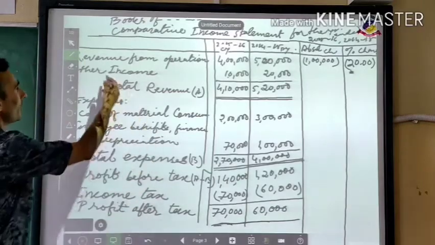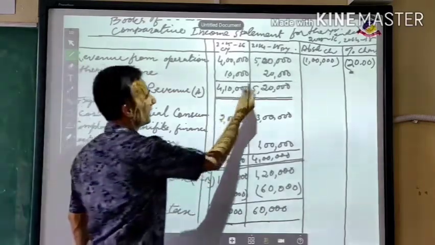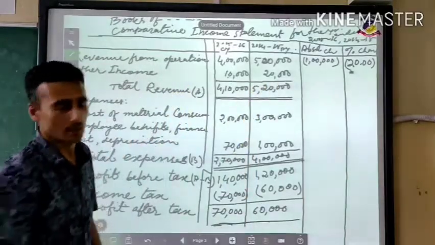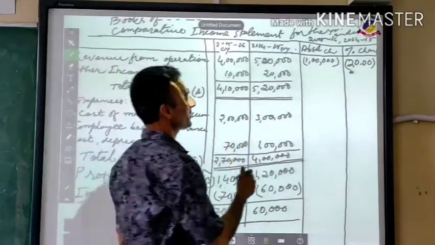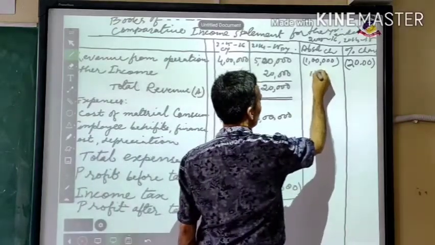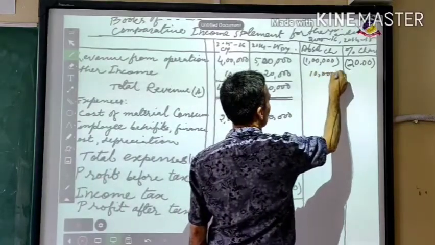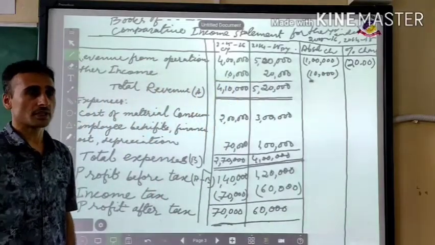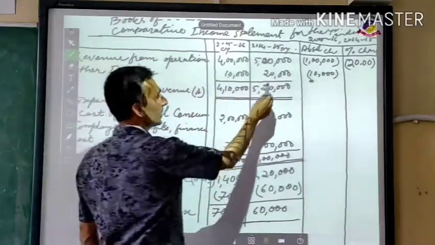Similarly, other income. Again, what is the change? 10,000 and 20,000. Decrease. So decrease by how much? 10,000. We put this 10,000. What is the percentage change? How do you find it again?